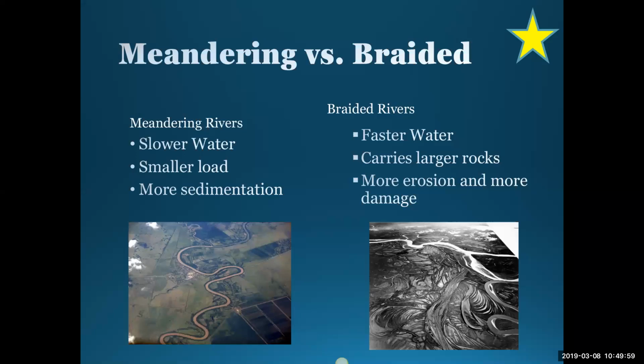They have a smaller load, which means that they carry smaller things because they're slower, so they have less energy. And there's more sedimentation. Braided rivers are faster, they carry larger rocks, and so they're more damaging and more erosive. And look, this is one of the glacial braided rivers, this image here. So beautiful from space, or not from space, from an airplane.